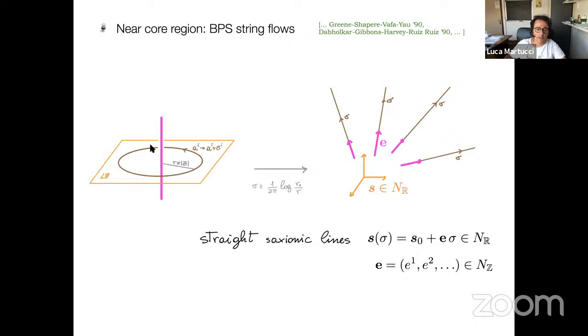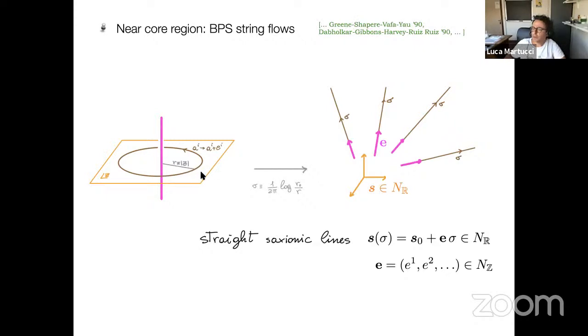And then locally, such a straight string preserves 1/2 of the 4 bulk supersymmetries, and the corresponding back reaction can be well described by some BPS string flows, which have been studied in the past, in particular in these 2 papers.